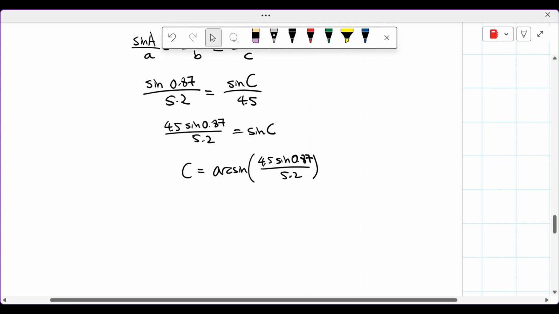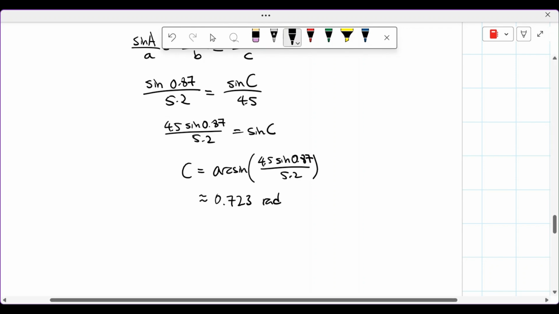So now let's put that into the calculator, making sure that I'm in radian mode. So arc sine of open bracket 4.5 sine of 0.87, close bracket, divided by 5.2, close bracket. So I got approximately 0.723 radians.